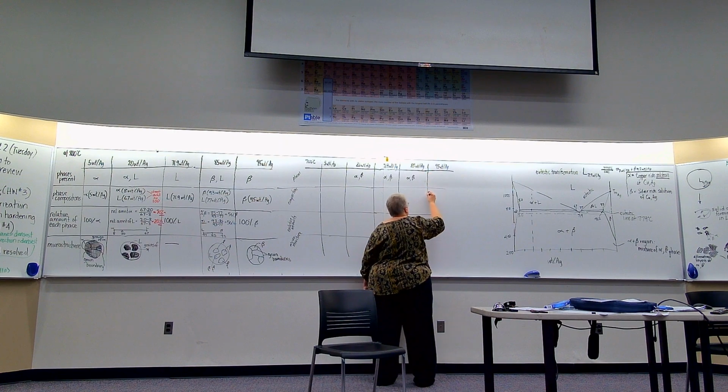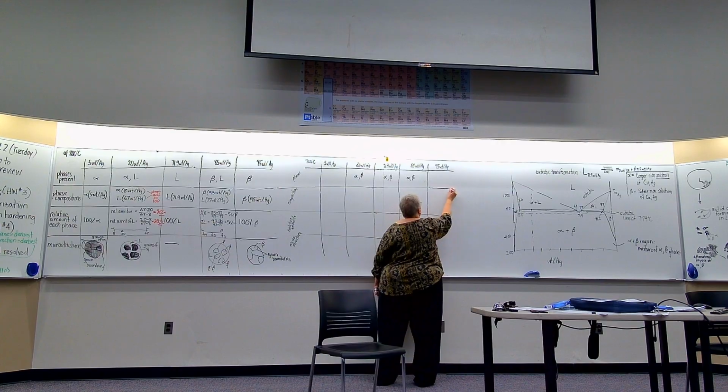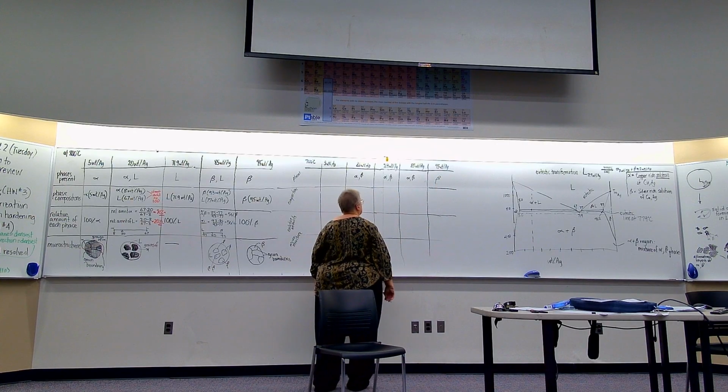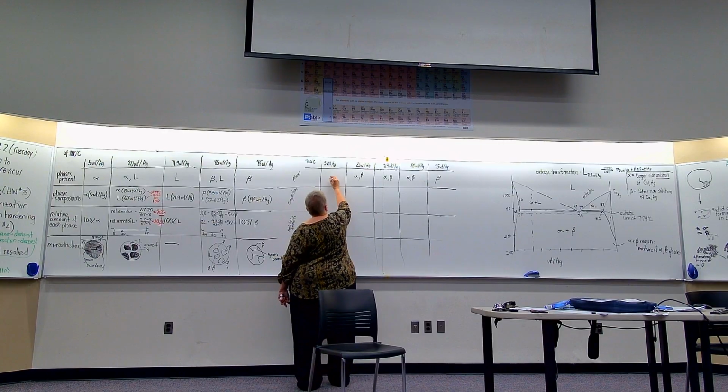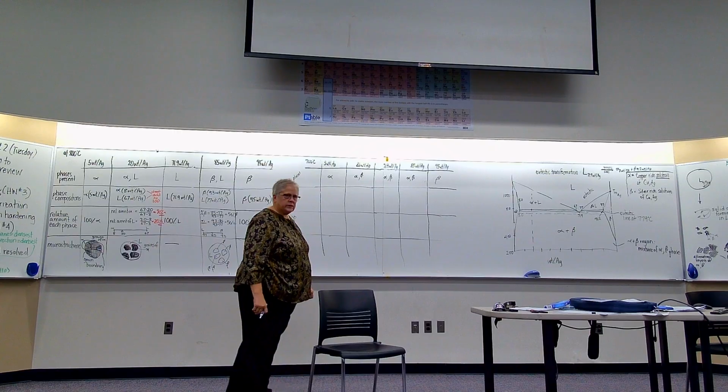And while it looks like it's right on the line, let's say that it's just beta at 700 for 95, and it's just alpha. I know it's right on the line, but let's say that.